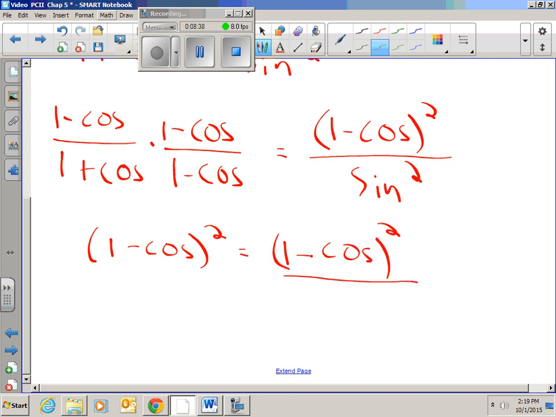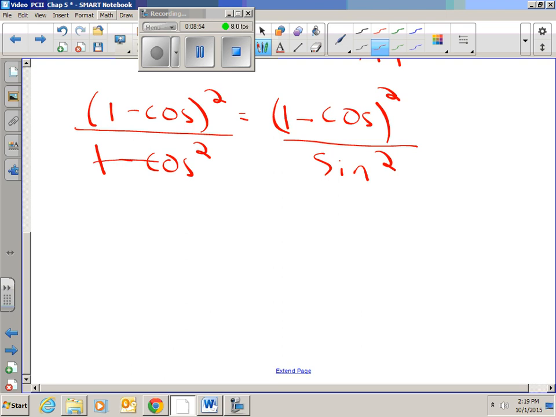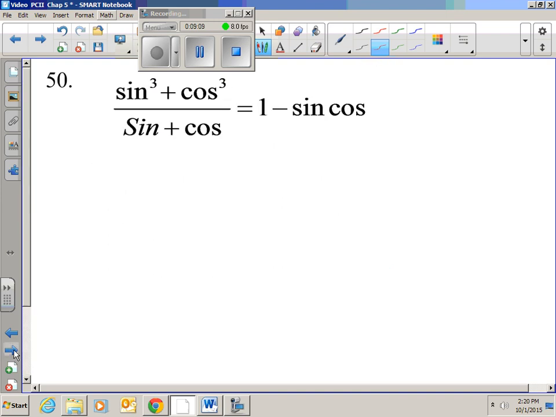I like that. This is still over sine squared. And now on the bottom, I have 1 minus cosine squared using my difference of squares, and those are conjugates. 1 minus cos squared, we know from our Pythagorean identities, can be rewritten as sine squared. So what I have here is 1 minus cos squared over sine squared is equal to 1 minus cos squared over sine squared. Hey, hey, hey, check.